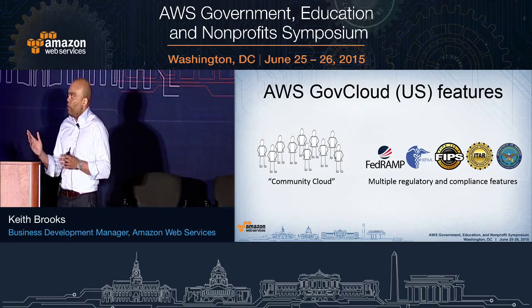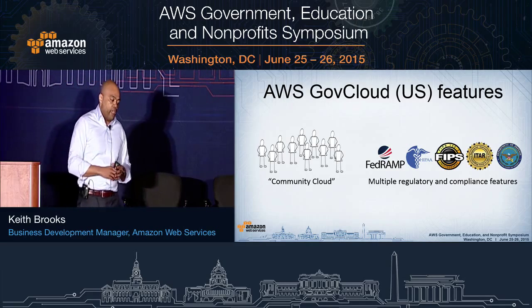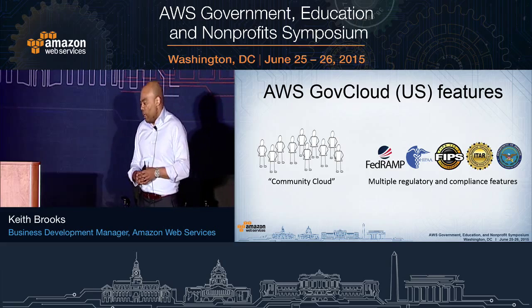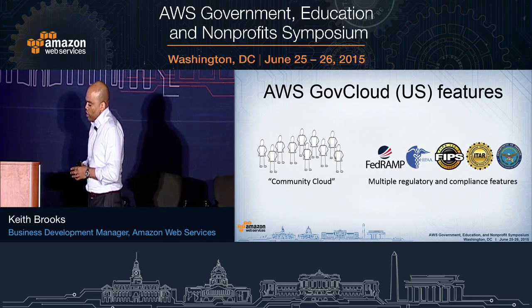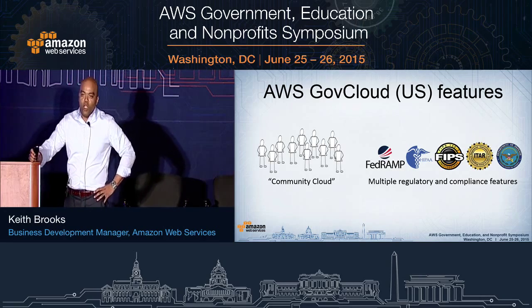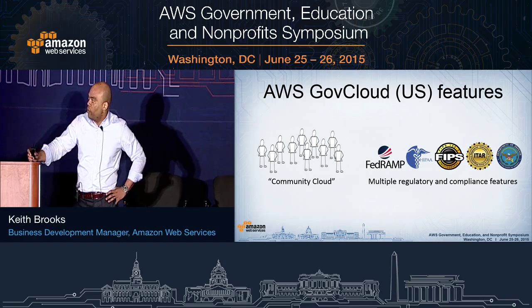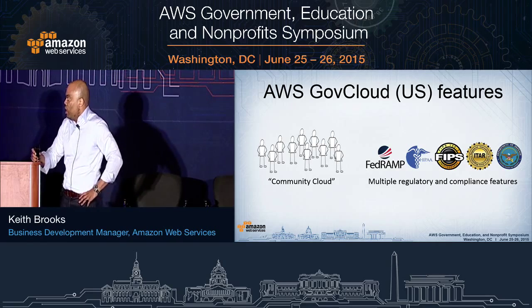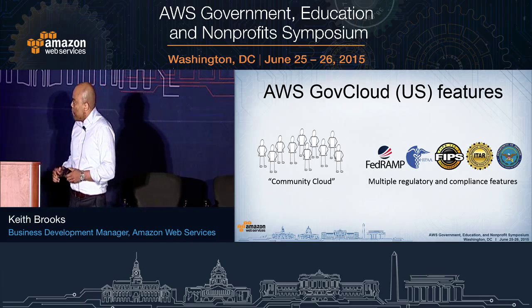That community cloud feature is really driven by the fact that we control who can access the region. A lot of folks that typically request access to the region to meet their regulatory and compliance requirements do like that community cloud element of GovCloud. So it is one of the distinguishing features that GovCloud possesses.